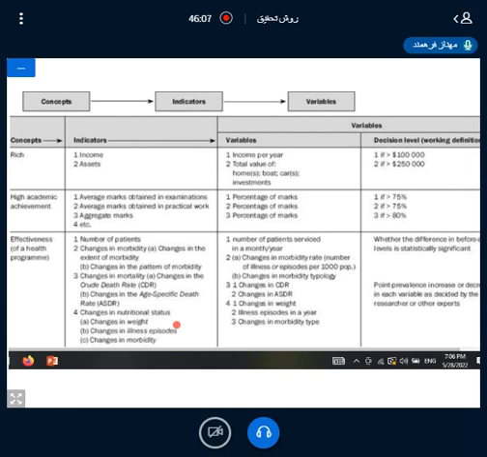These are the indicators or sub-indicators too. And the variables will be one, number of patients serviced in a month or year.